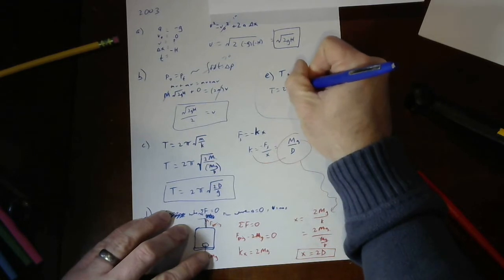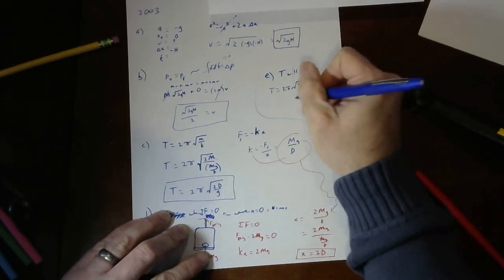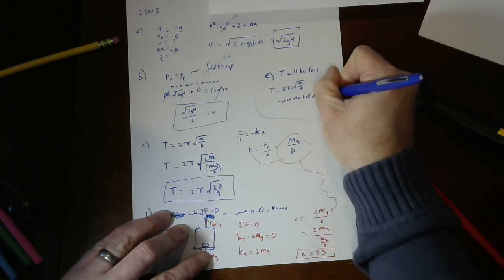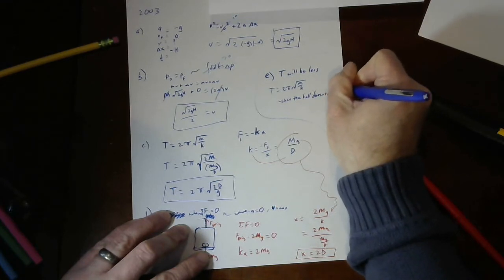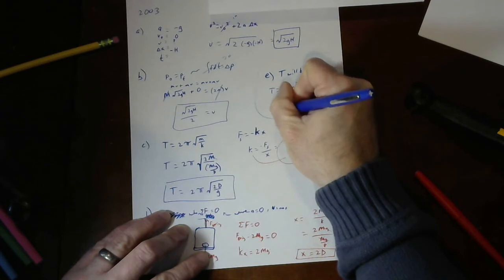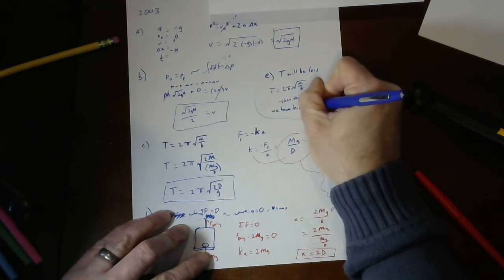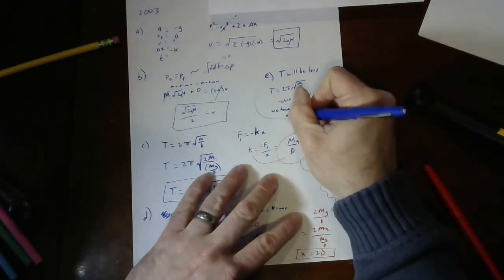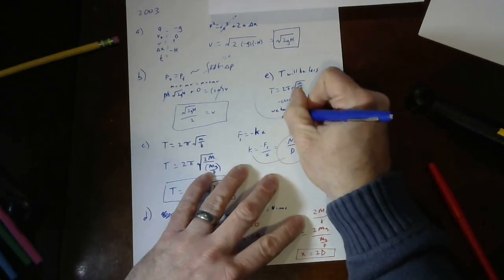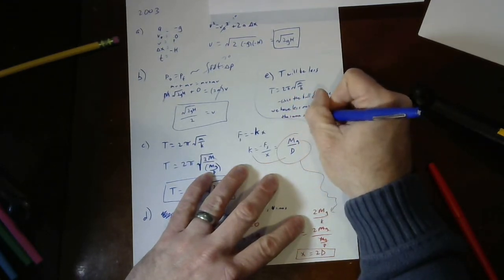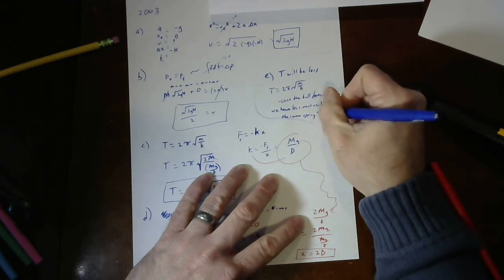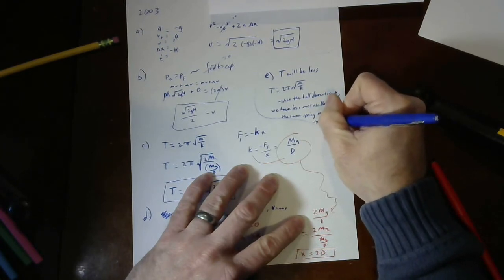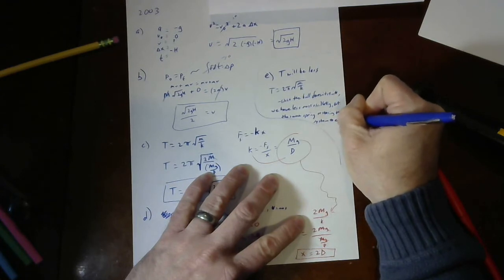Period for a mass on a spring, 2 pi root m over k. Since the ball doesn't stick, we have less mass oscillating, but the same spring force, the same spring restoring it to equilibrium.